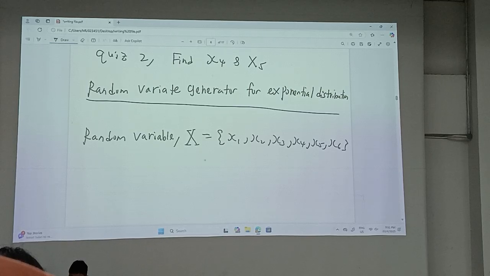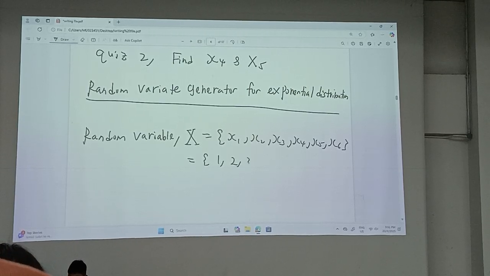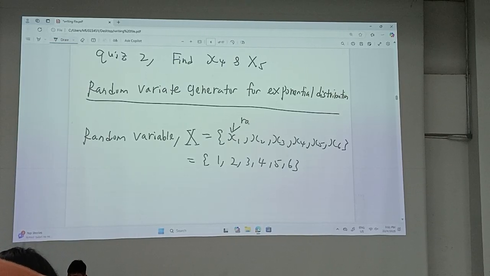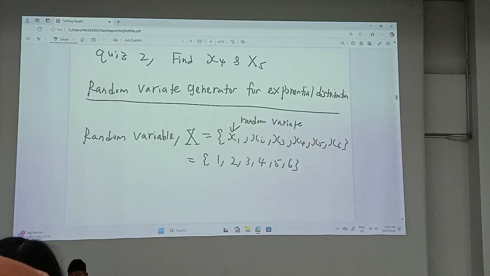For example, if you roll a dice, then it will be 1 to 6. The value of X here, we call a random variate. We want to take this value as our random number.